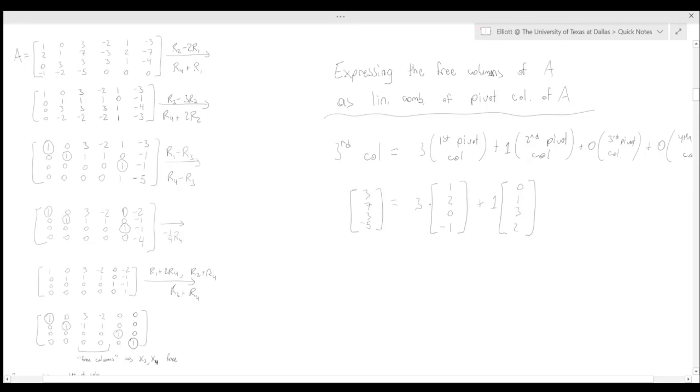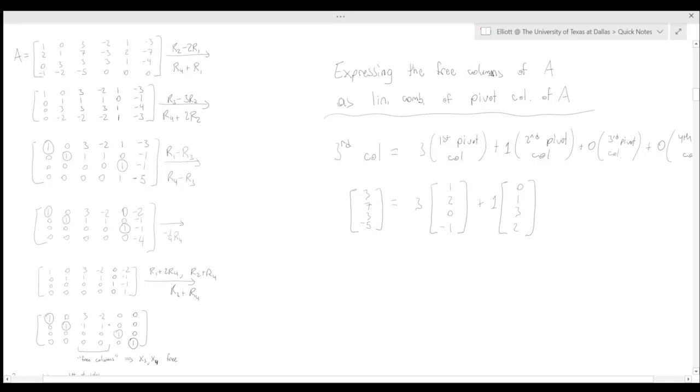So you can confirm right now, if you do 3 times this vector plus 1 times this vector, that it does end up giving us this vector here, okay? So it may not have been clear that the third column of A was 3 times the first column plus 1 of the second. But once we get it into the reduced echelon form, the entries that we see here reveal that information to us.